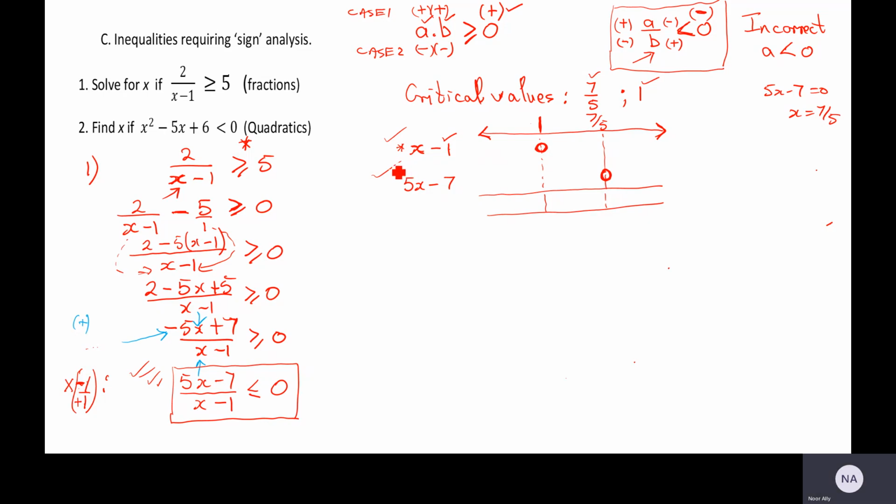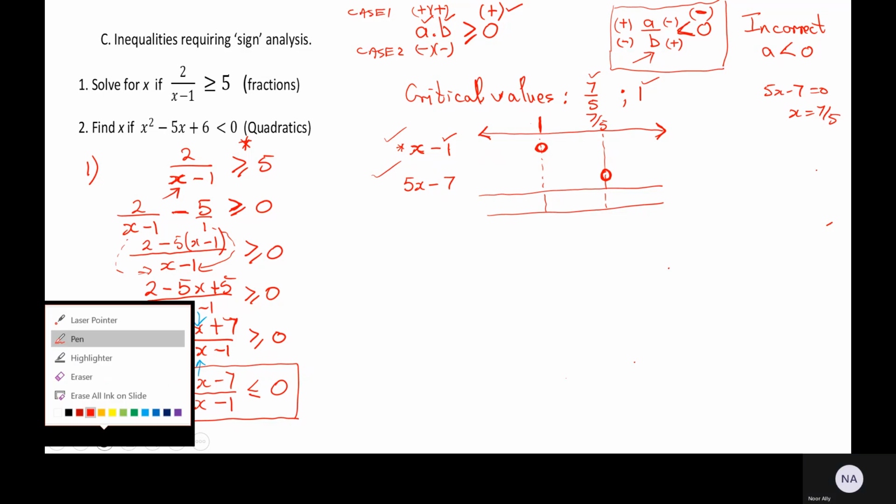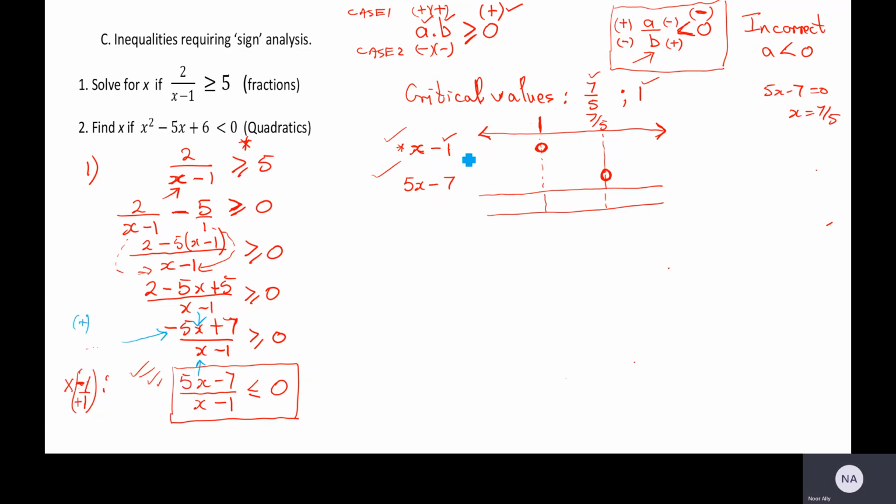So now if I look across x minus 1, I've created another number line for x minus 1 in which it's 0 at 1. And here I've created another number line for 5x minus 7.